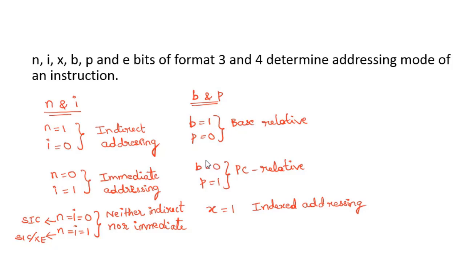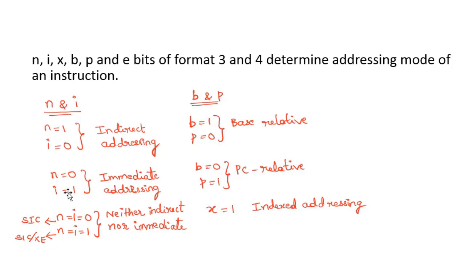Similarly, if B is 0, P is 1, that will be PC relative addressing, and there is no case where both are equal to 1. Such a case doesn't exist in our program. If both are 0, that indicates that this is not a relative address, this is something else. Okay, then when the X value is equal to 1, we call it indexed addressing.